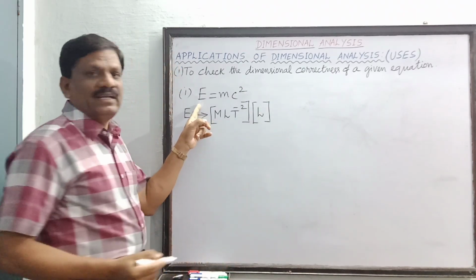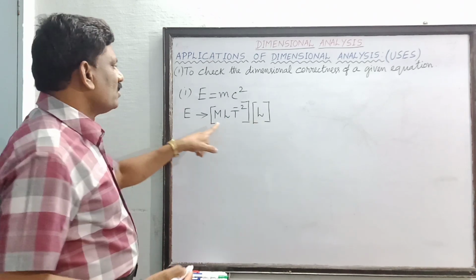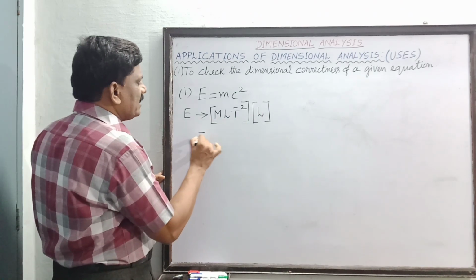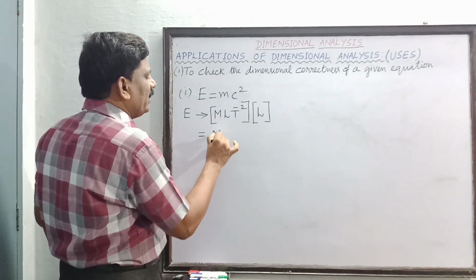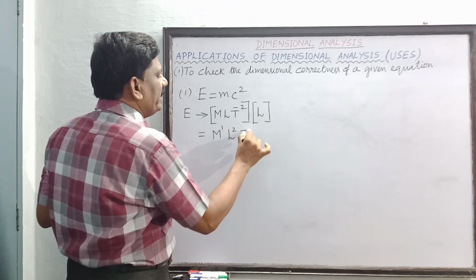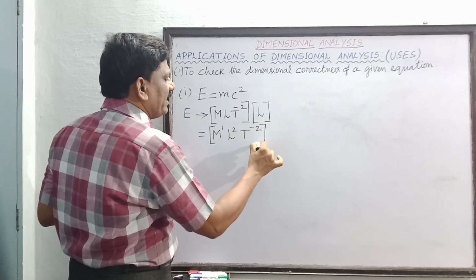So the left hand side dimension for energy is force into distance, which is m l t power minus 2 into l, and this is equal to m power 1, l power 1 plus 1 is l square, into t power minus 2. So this is the left hand side.